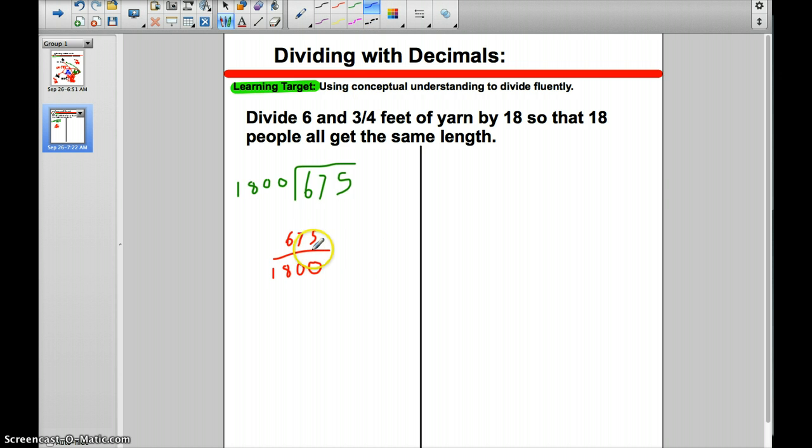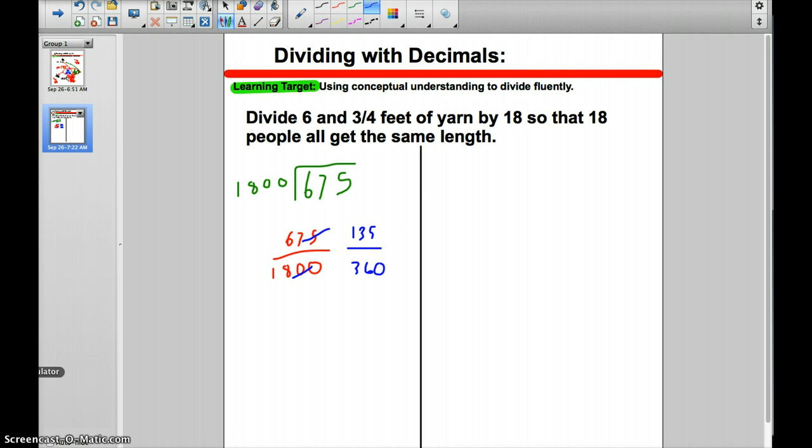I know something else. This ends in a 5, this ends in a 0. Both of them are actually divisible by 5. And so I can make these numbers smaller. 675 divided by 5 is 135. And 1800 divided by 5 is 360. Now I'm working with smaller numbers. And I could divide these even further by 5 because I know that this ends in a 5.